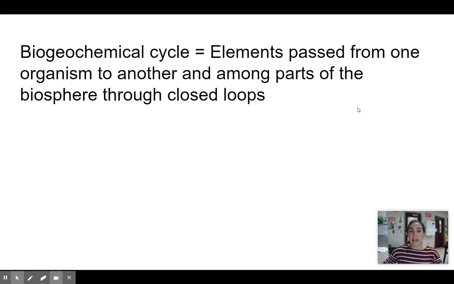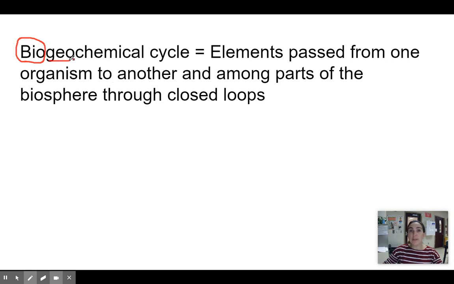These are when elements pass from one organism to another and among other parts of the biosphere through closed loops. So if you look at this word for a minute, biogeochemical cycle looks like a really big fancy word, right? Well, this first part, bio, you know that means life, right? So these elements are moving through living things from one organism to another.